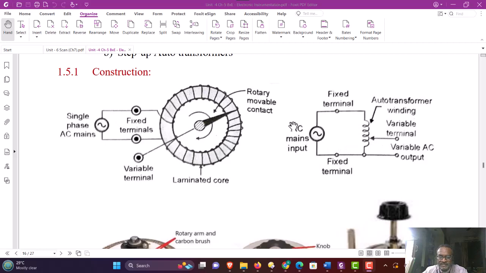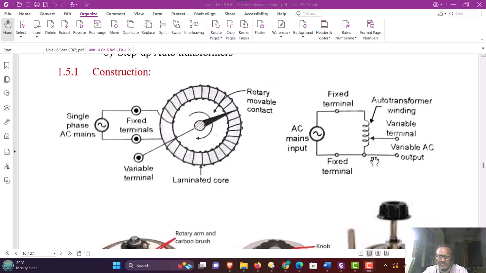The AC mains input is applied between the two fixed terminals and the output is taken between the variable terminal and one of the fixed terminals. By moving the wiper on the winding, we can change the lower winding number of turns, and therefore the voltage developed between the variable terminal and the lower fixed terminal can be changed.